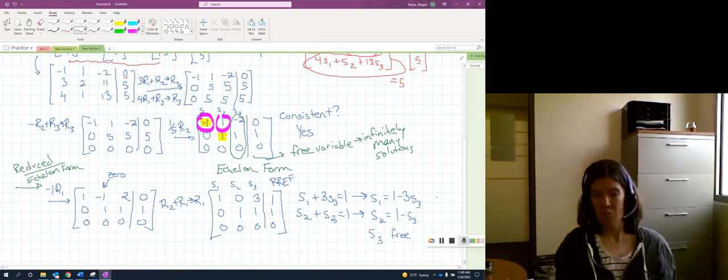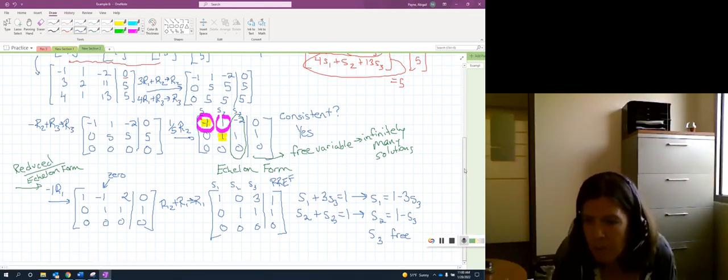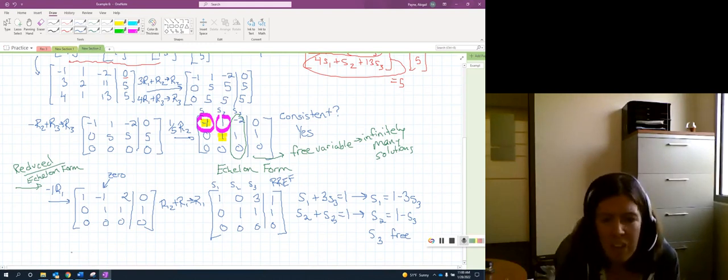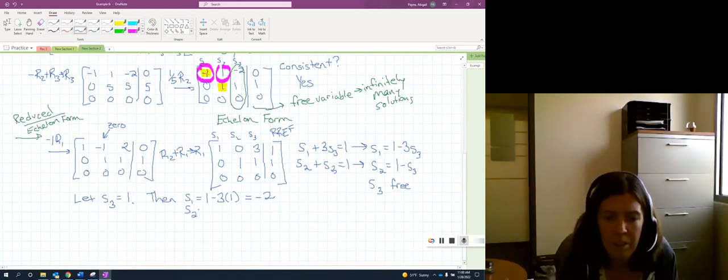So we can let S3 equal whatever we want. As far as coming up with a solution, everybody could come up with a different solution and we'd all be right. Just as an example, suppose we let S3 equal 1. Then S1 will be 1 minus 3 times S3, so 1 minus 3, that'll be negative 2. And S2 would be 1 minus S3, so 1 minus 1, which is 0.